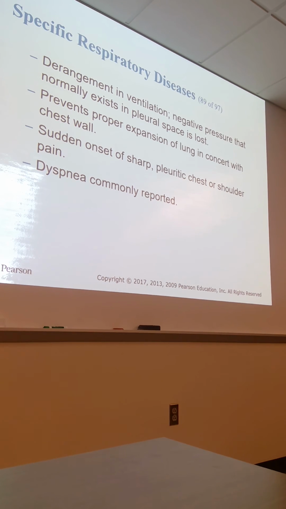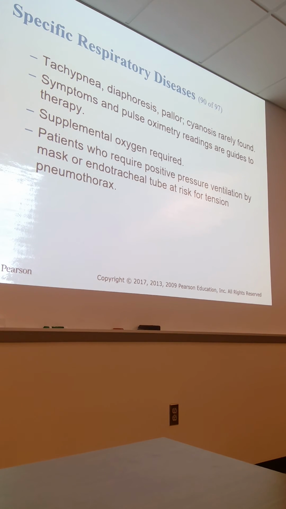All right, this is a problem with ventilation. Negative pressure in the pleural space is lost, which prevents the proper expansion of the lung. Sudden onset of sharp pleuritic chest pain, worse with breathing, shoulder pain, dyspnea, rapid heartbeat, diaphoresis. Give them oxygen, measure their SAT.